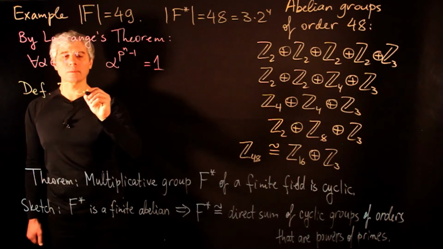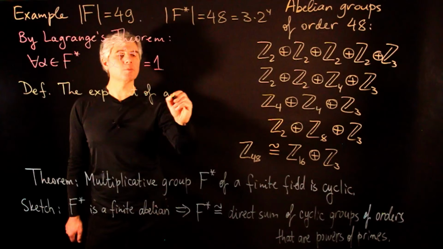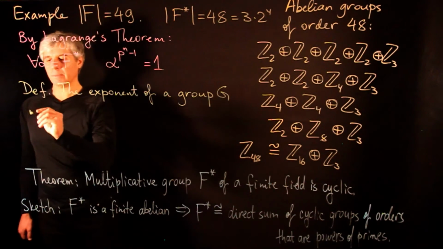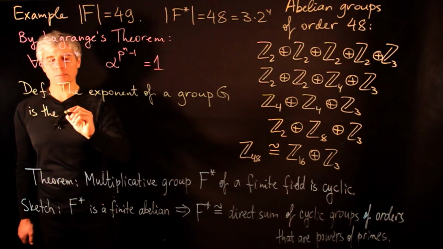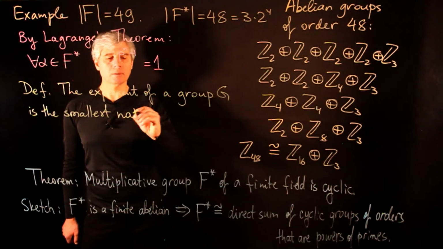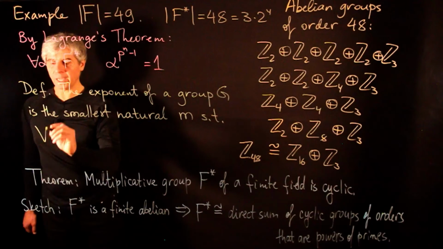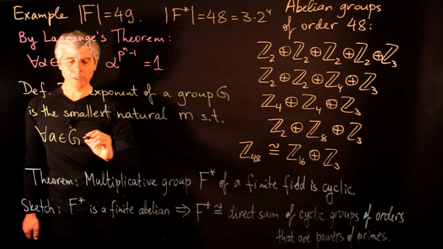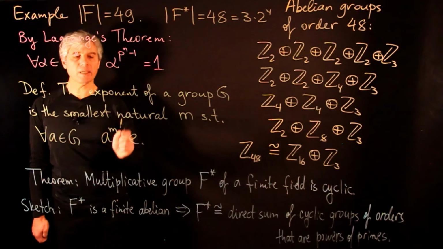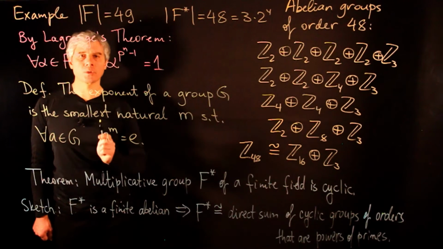The exponent of a group G is the smallest natural number m such that for every a in the group, a to the power m is equal to identity. By Lagrange's theorem, we see that the exponent of a group is a divisor of the order of the group.